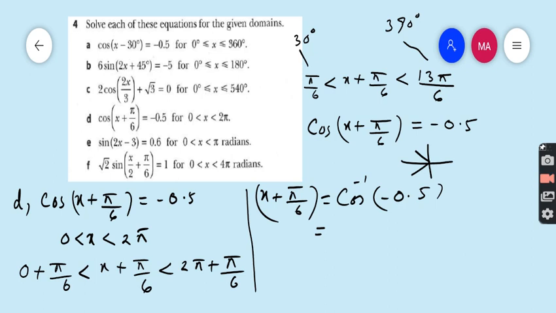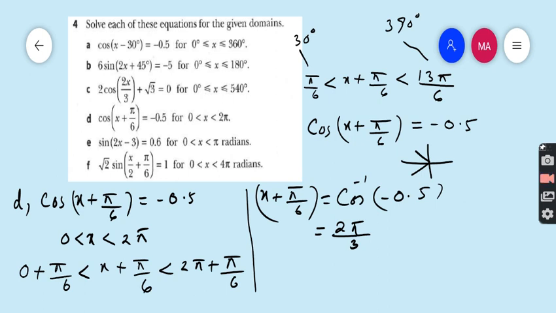Now you first have to set your calculator to radian mode, and find the value of cos inverse of minus 0.5. You will get 2 pi by 3. 2 pi by 3 is 120 degrees. It means this value is already lying in the second quadrant, which is our required value.